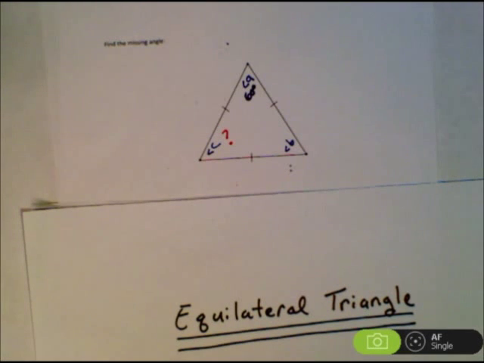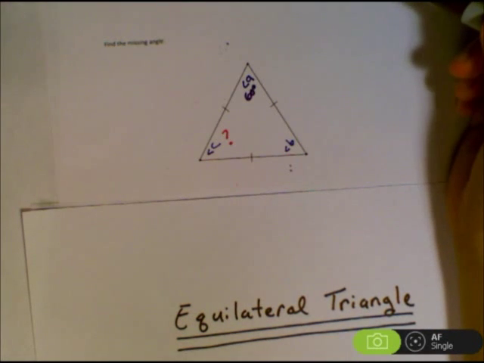Now there's a couple of ways to figure this out. The first one is to remember the note that I told you in the very beginning, that the sum of all the angles in the triangle is 180 degrees. Well, we can work out a simple equation that will give us the missing angle there. Or we can just subtract from 180.